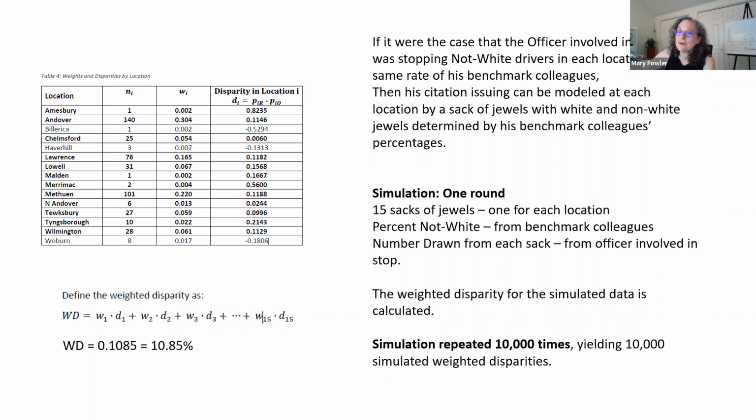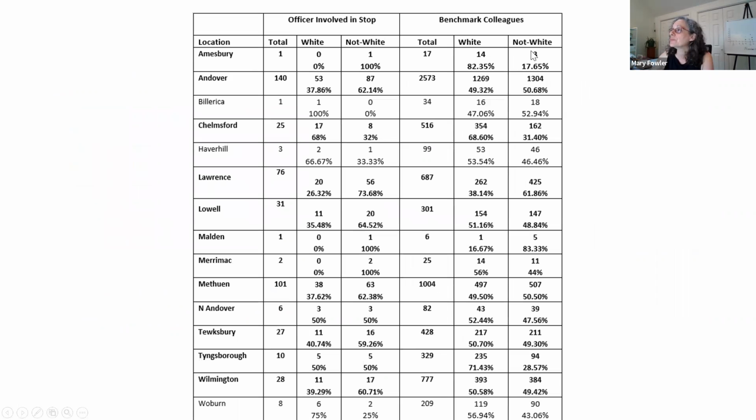So how we do this is we would set up 15 different brown paper sacks of jewels, right? And in each sack, the percentage non-white would be taken from the benchmark colleagues. So for example, the Andover bag would have 50.68% non-white jewels. And in Lowell, it would be 48.84%.